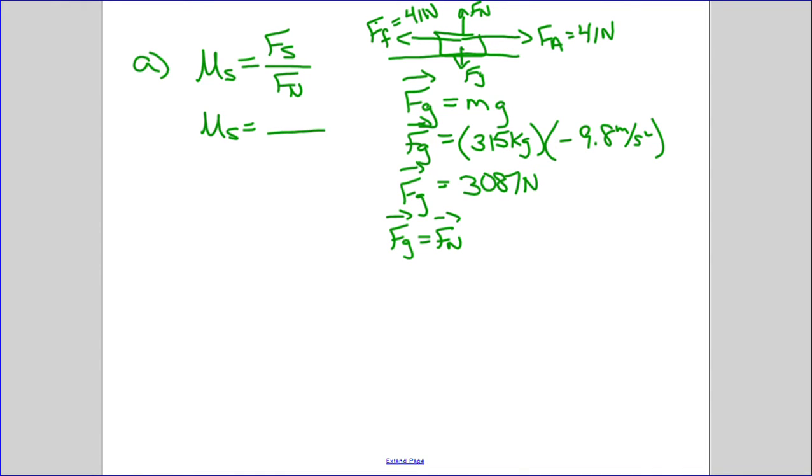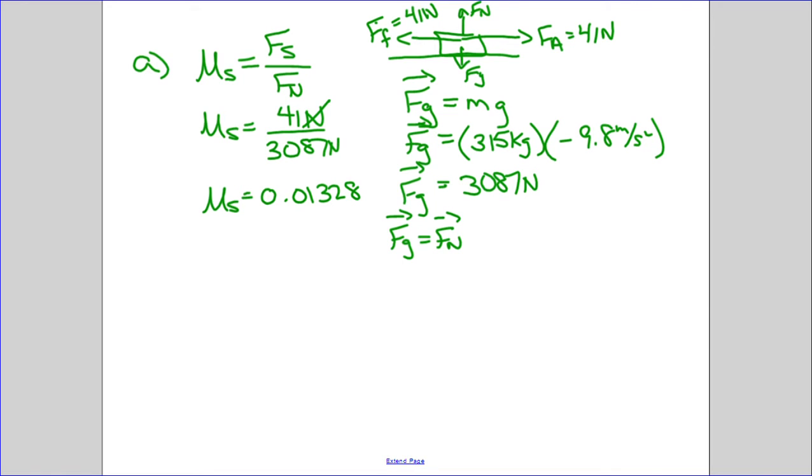So that helps me with one part. This is 3,087 newtons. And then my force of static friction, remember the minimum value to cause it to move is 41 newtons, so I have that value without any additional calculations. Which means that my coefficient of static friction, 41 divided by 3087, gives me 0.01328.